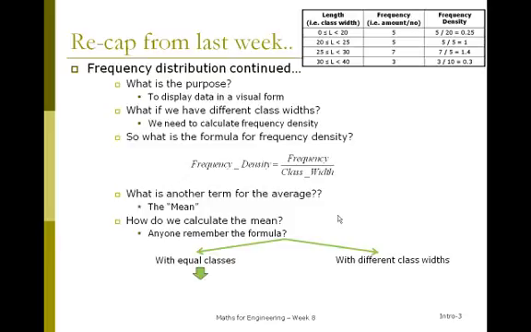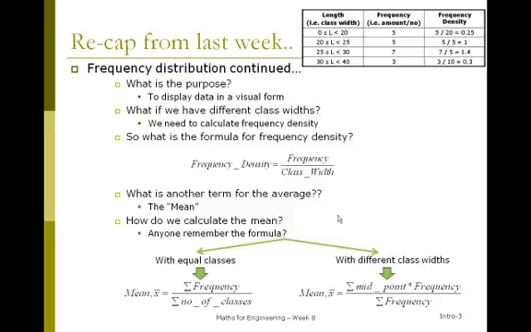First of all, with equal class widths, the mean x bar is equal to the sum of the frequency divided by the number of classes. And secondly, with different class widths, the mean is equal to the sum of the midpoint times the frequency divided by the sum of the frequency.